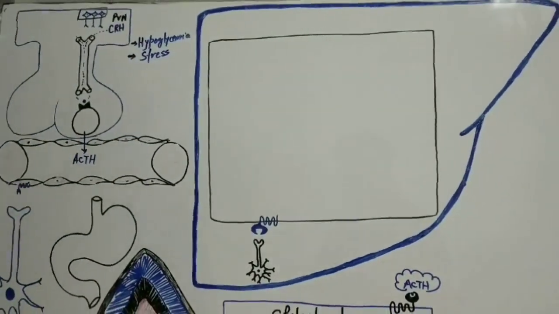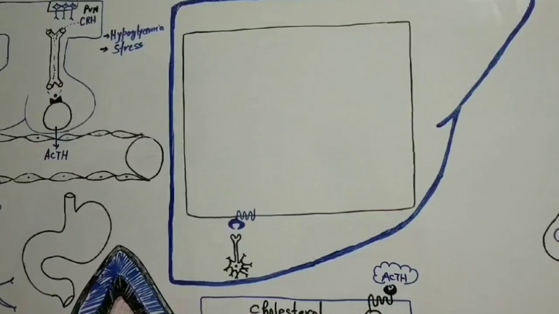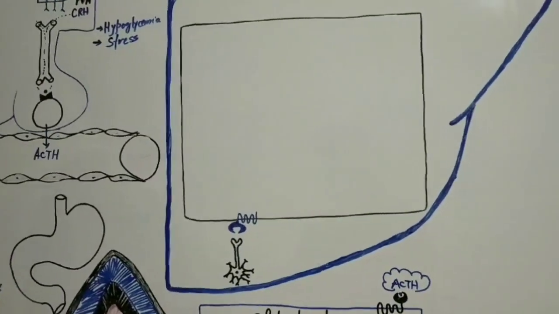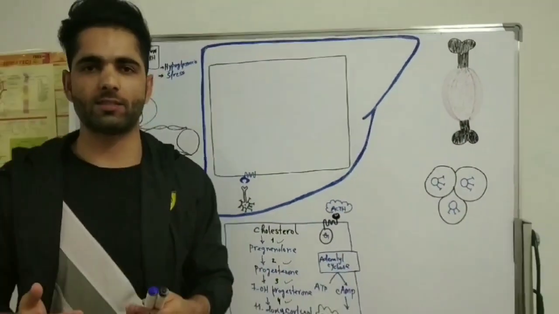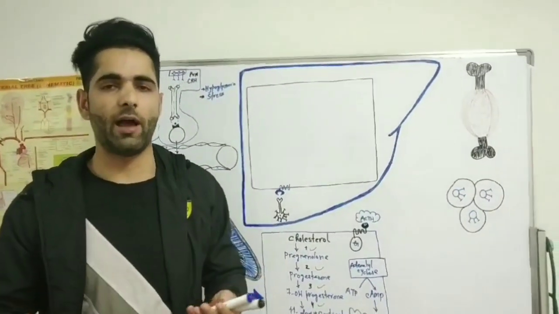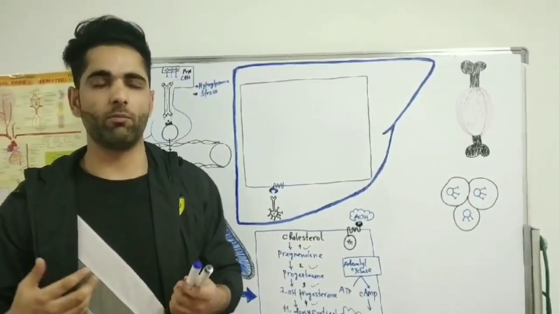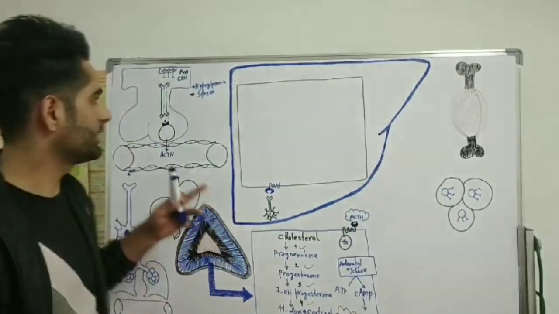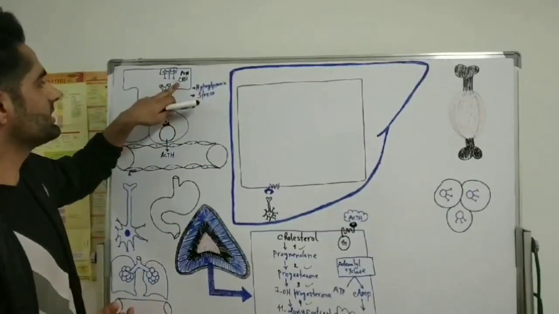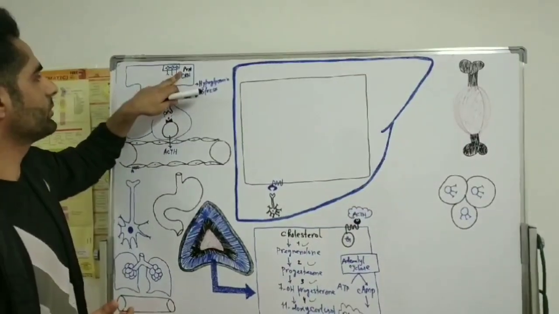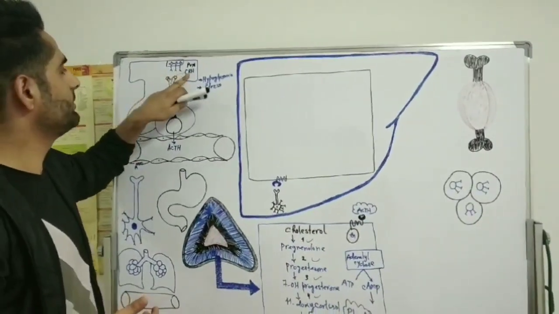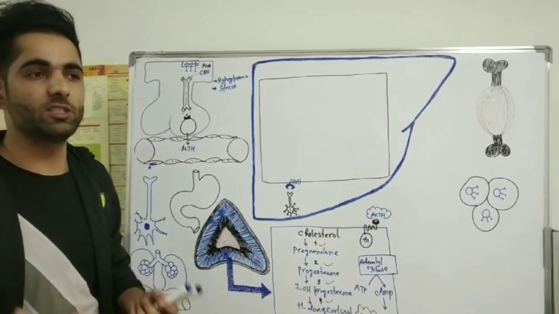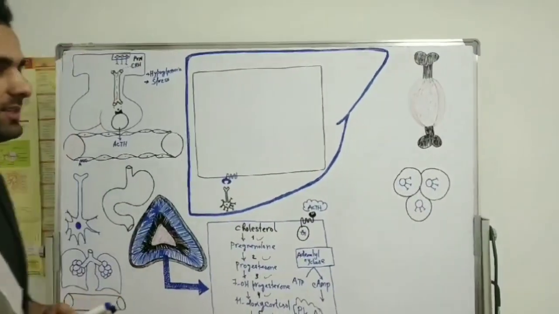Look, if a student is having final exams, he will have a lot of fears. He will develop a lot of stress. Due to this stress, he can stimulate this paraventricular nucleus. From the paraventricular nucleus, there will be the release of CRH due to the stress during the final exams.